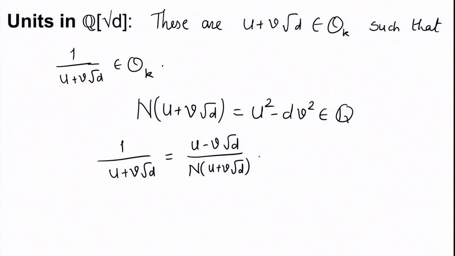So, the norm has the property that the norm will divide u and norm will divide v, because we want these elements to be again in OK.